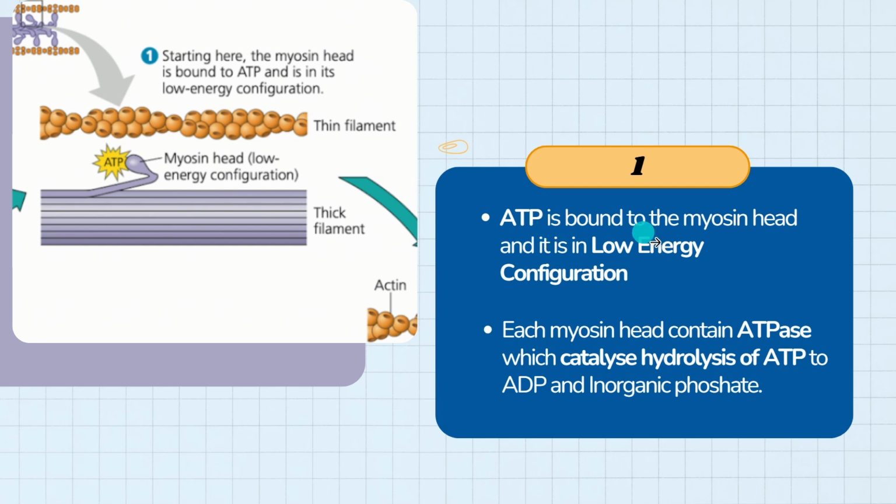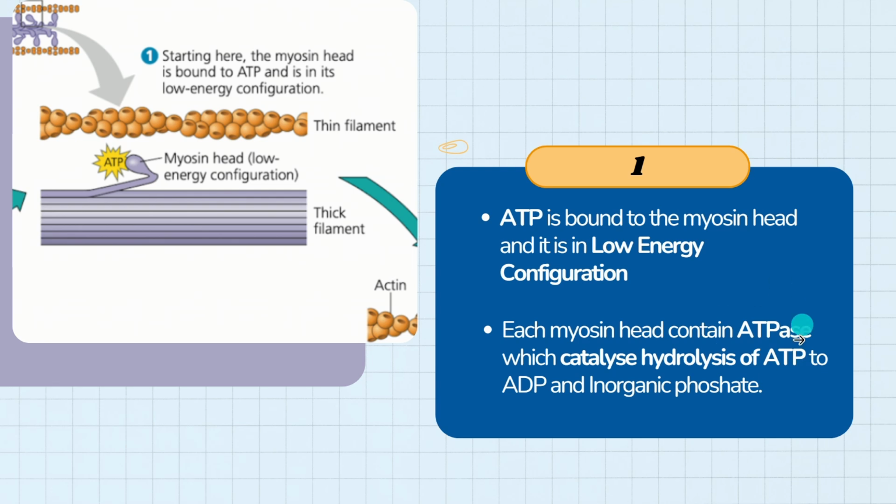The first step is ATP bonded to the myosin head, which is in low energy configuration. Before it bound to the ATP, the myosin head is in low energy configuration, so it needs the energy.